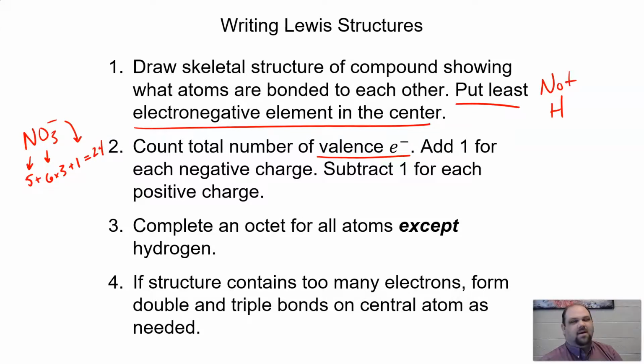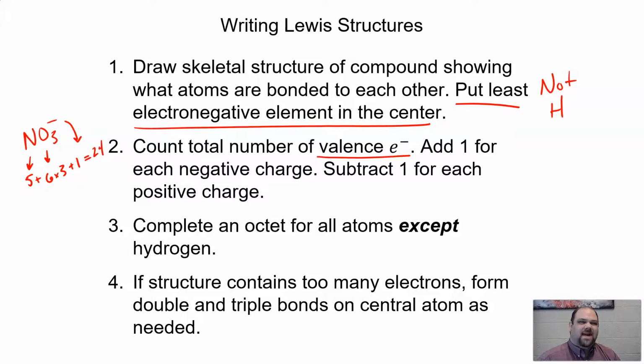Okay? Once we have the right number of electrons, and we're sure that's how many we should be dealing with, we need to make sure that the molecule has no more, no less, but exactly that number of electrons. We're going to complete the octet for all those atoms, and we're going to start with the atoms on the outside. We call those the peripheral atoms.